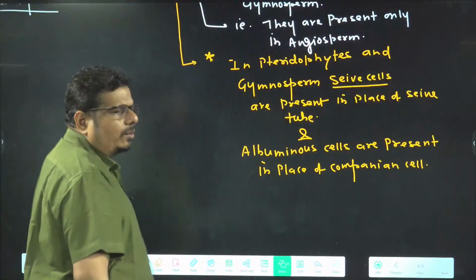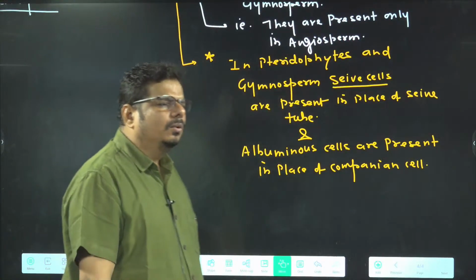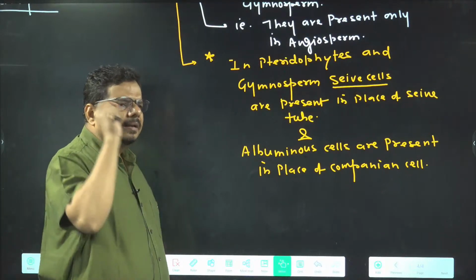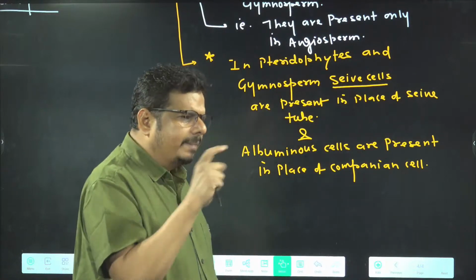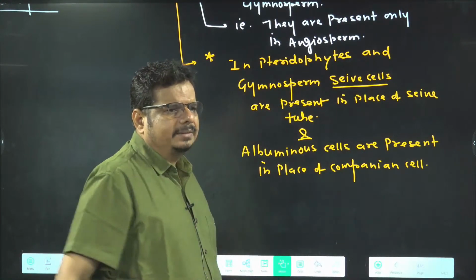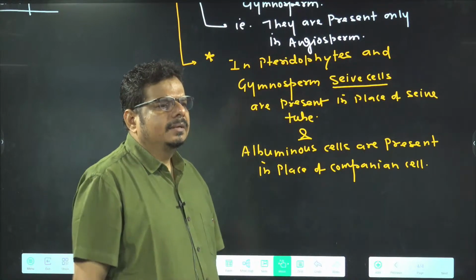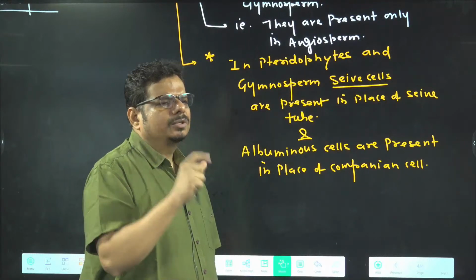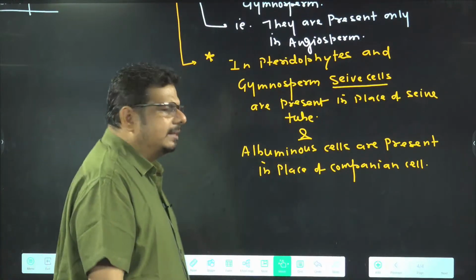So in pteridophytes and gymnosperms, don't forget this line, everyone knows, but I'm just reminding you: sieve tube is absent, and in place of sieve tube, sieve cells are present. And in place of companion cell, albuminous cells are present.